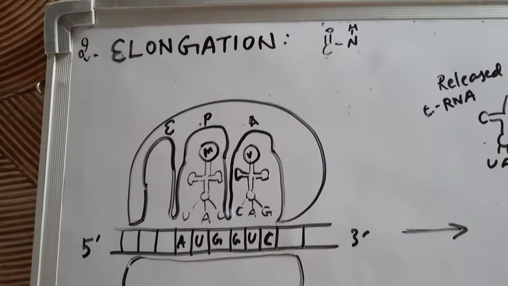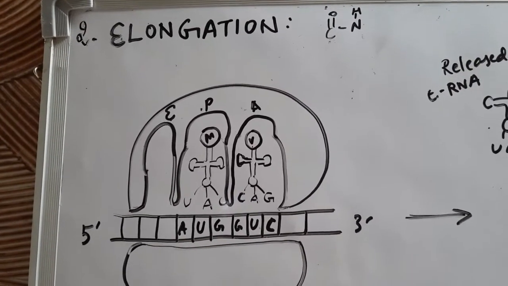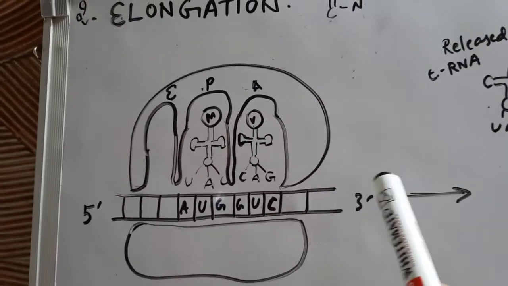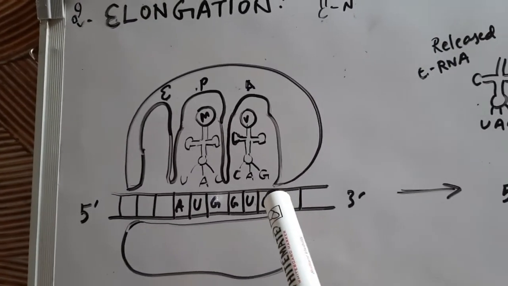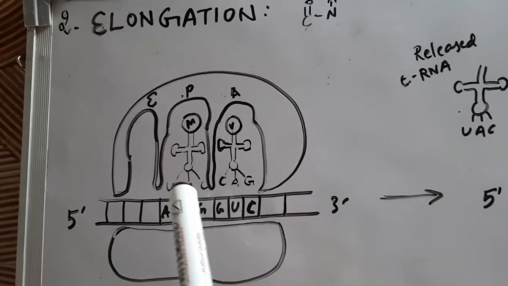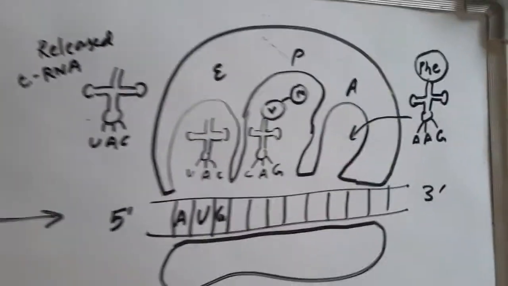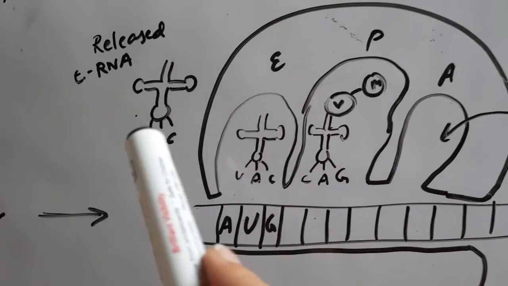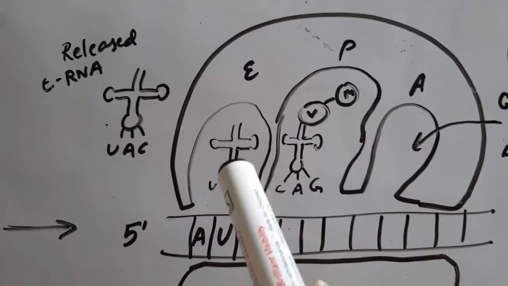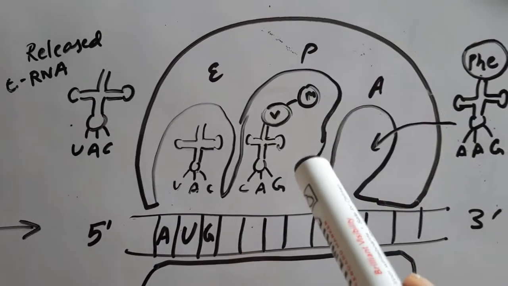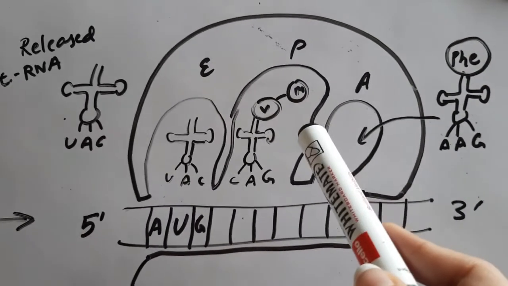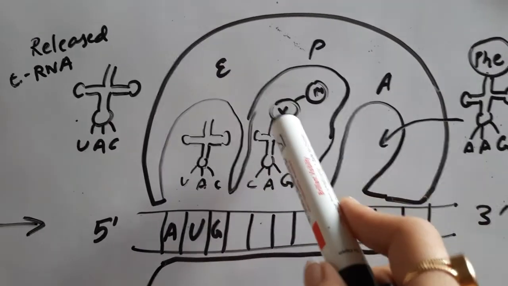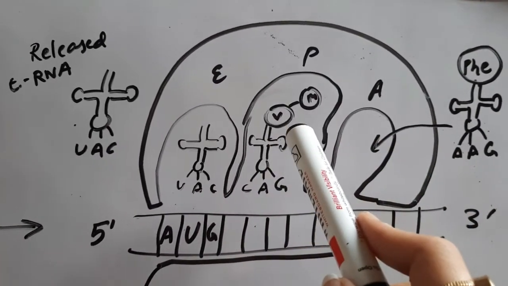The next step is elongation. In this step, another charged tRNA that is complementary to the mRNA sequence present will come and get attached at the A site, and the P site tRNA will move to the E site. While moving out of the E site, the tRNA will give its amino acid to the incoming tRNA at the P site, thus forming a chain, or we can say a dipeptide is formed.